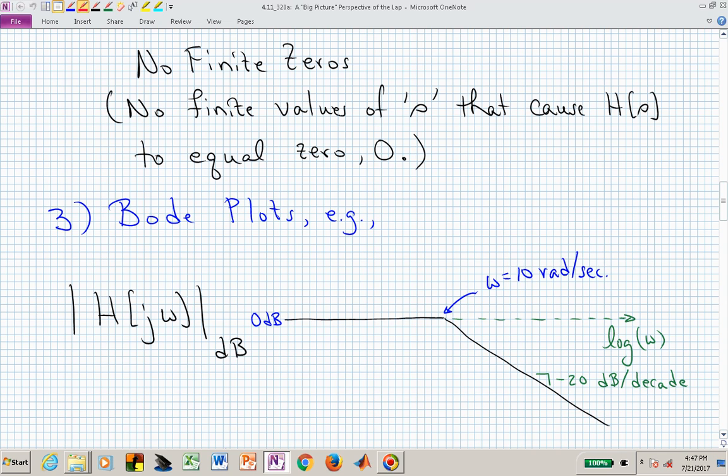We would just keep going to 0.1, 0.01, 0.001. It's a logarithmic axis, so we would never get to zero, but we would get to smaller and smaller values of omega.